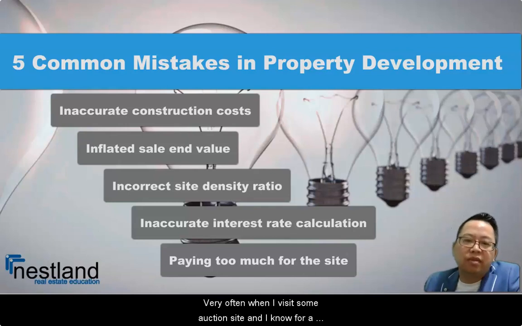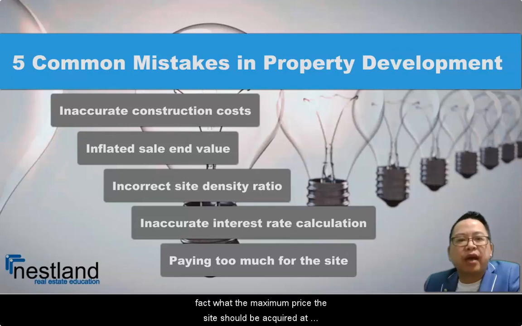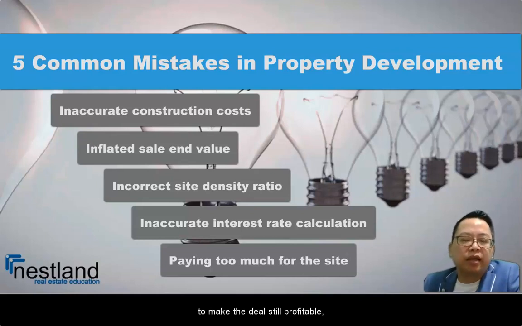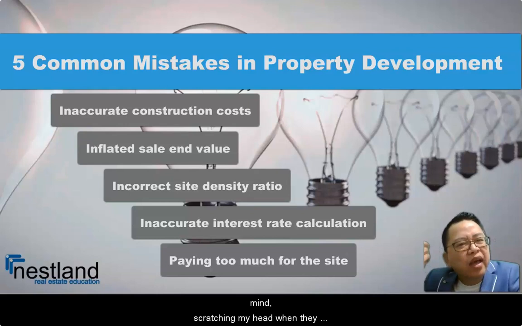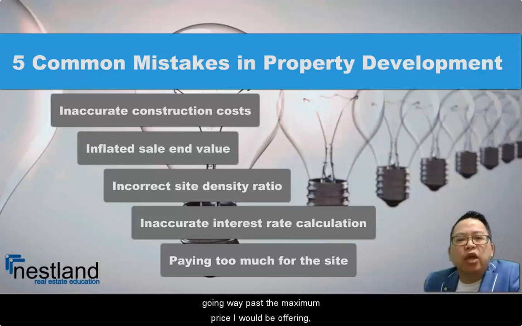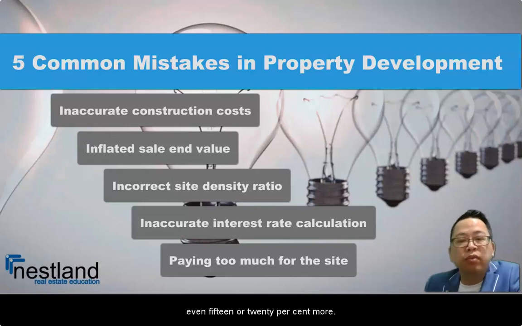Very often, when I visit some auction site and I know for a fact what the maximum price the site should be acquired at to make the deal still profitable, I often wonder what's in the bidder's mind, scratching my head when they're going way past the maximum price I would be offering, even 15 or 20% more.